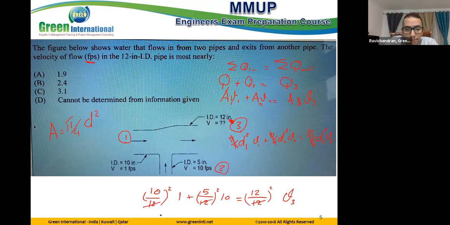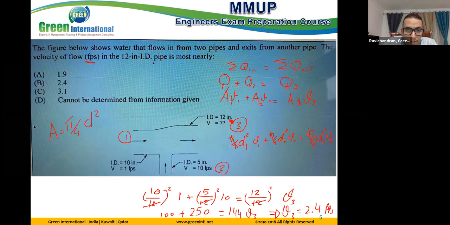So 100 plus 25, 110 equal 144 v3. So v3 equal to this one plus this one divided by 144. This can be got at 2.4 feet per second.